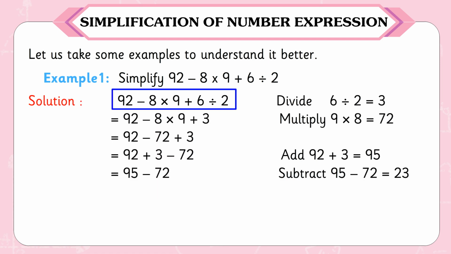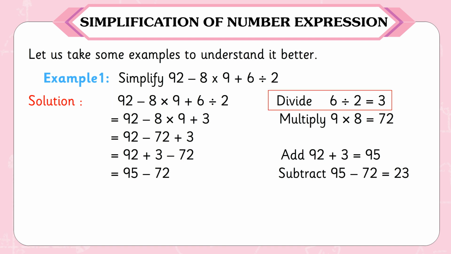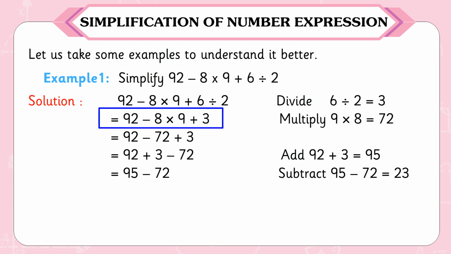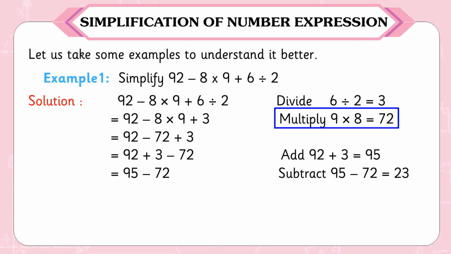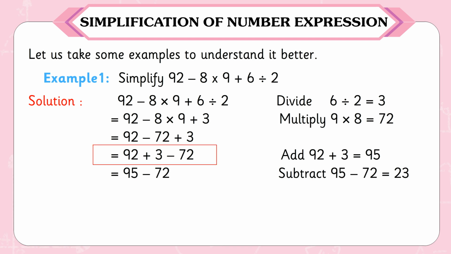Solution. 92 minus 8 into 9 plus 6 divided by 2. Divide: 6 divided by 2 is equal to 3. Is equal to 92 minus 8 into 9 plus 3. Multiply: 9 into 8 is equal to 72.